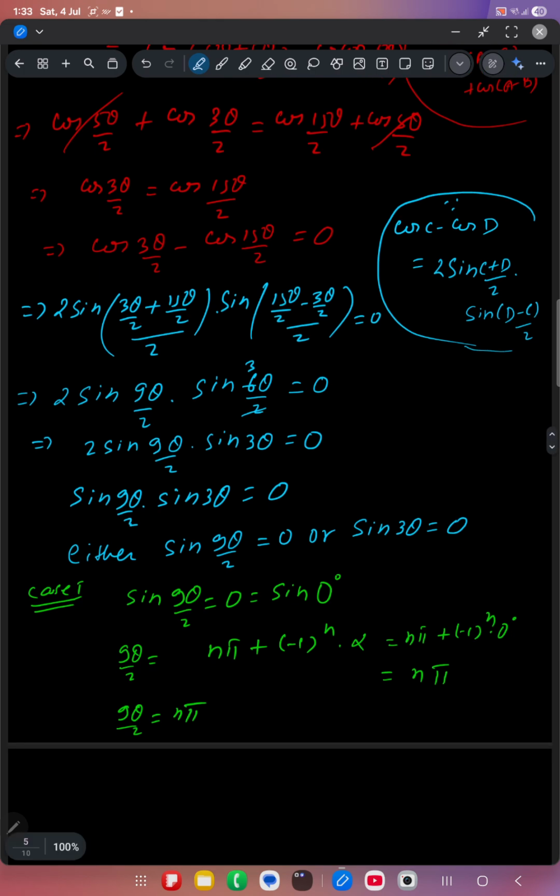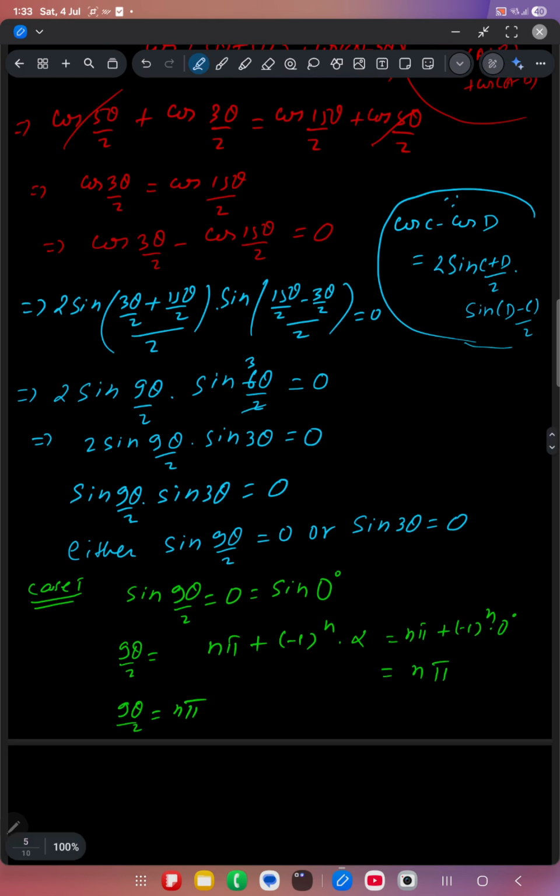Now we will consider those values only which will lie in the interval minus pi by 2 to plus pi by 2. That you know, our interval of theta is minus pi by 2 to pi by 2 in the question. So from here theta will be 2n pi by 9.